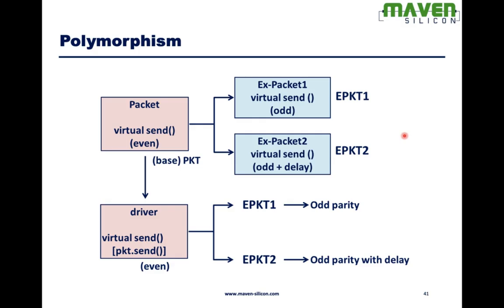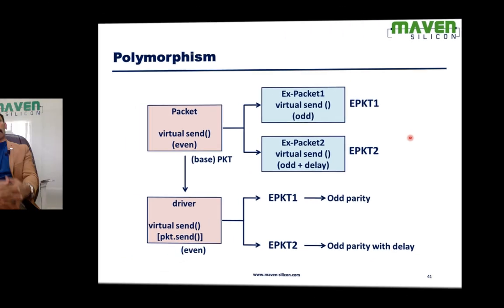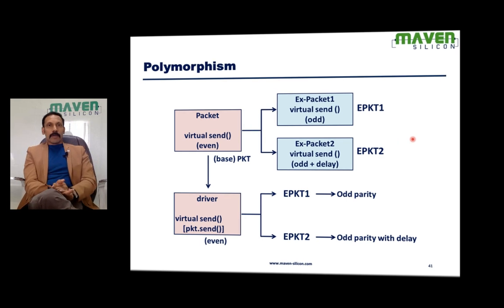Polymorphism. As part of object-oriented programming, you can apply polymorphism to create different flavors of methods. It can be applied only to methods. Here you look at packet has a method called send. It's a virtual method. And you can think of creating different flavors for the same method.